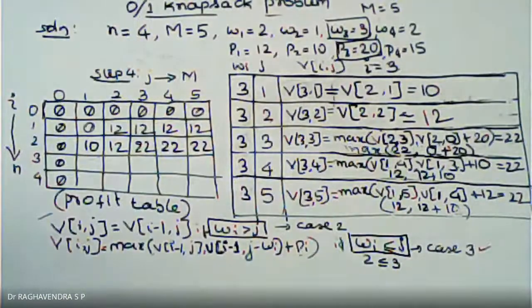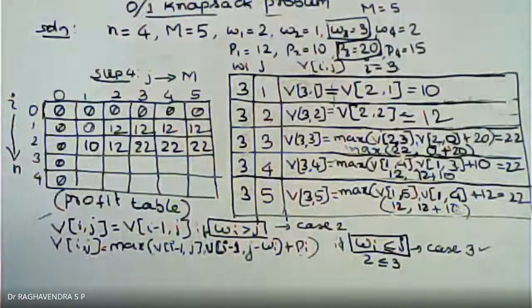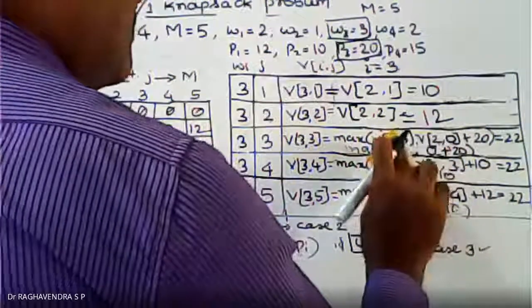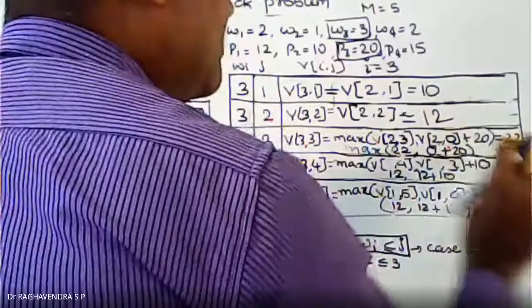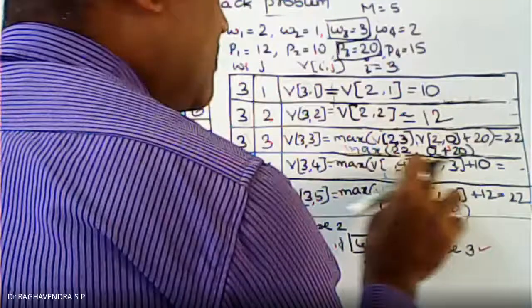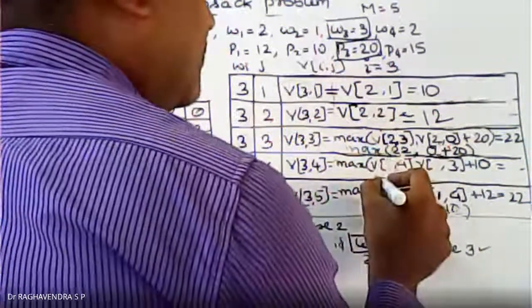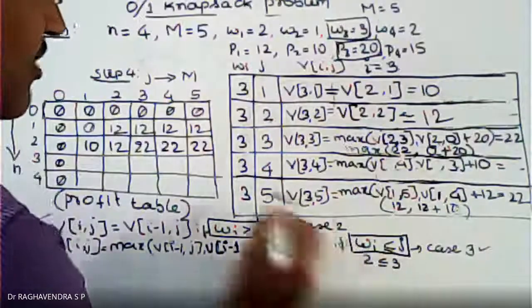Next, we shall go to this one, 3 comma 4. Once again, it fits to which category, case 2 or case 3? Case 3, because 3 is less than or equal to 4.